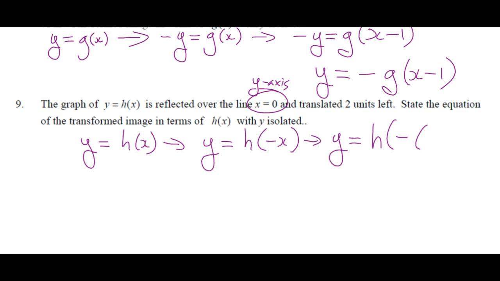In order to move 2 units left, what do I do with the x? I replace it with x plus 2. So you see the x? Got a negative sign in front, so here's the negative sign. You see the x? I'm going to now replace it with x plus 2. Now, we're generally not going to write that, so what are we going to write?